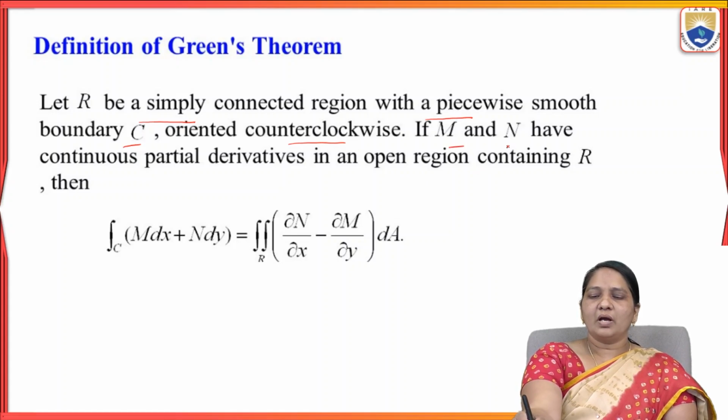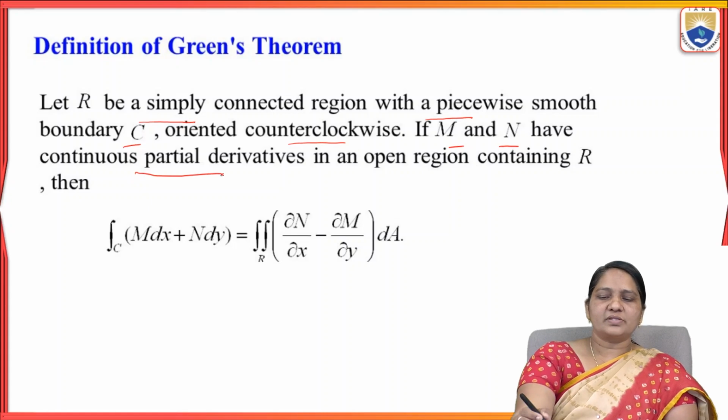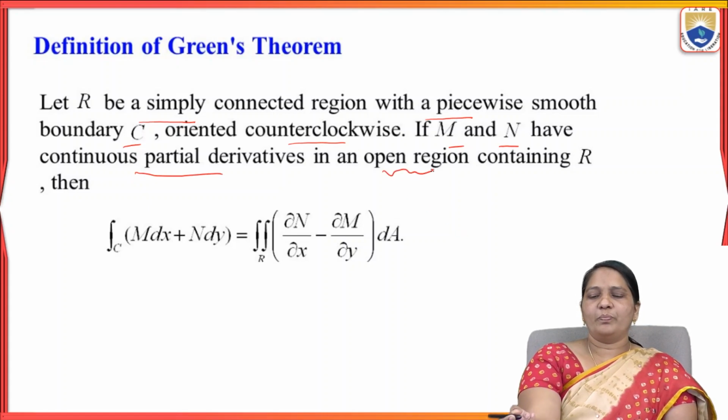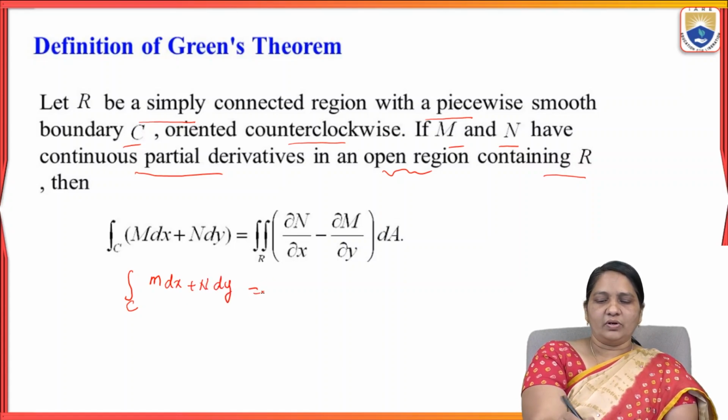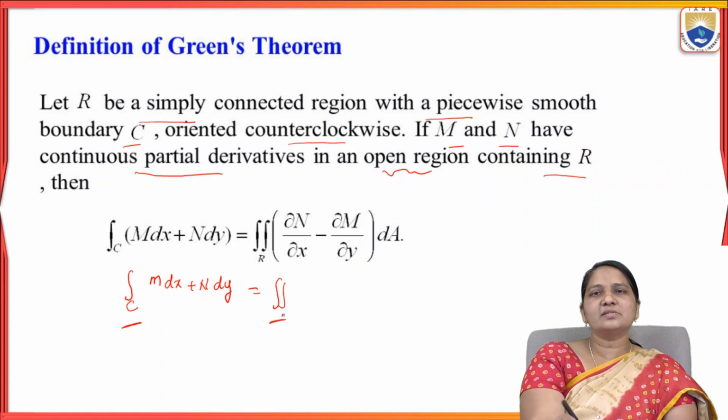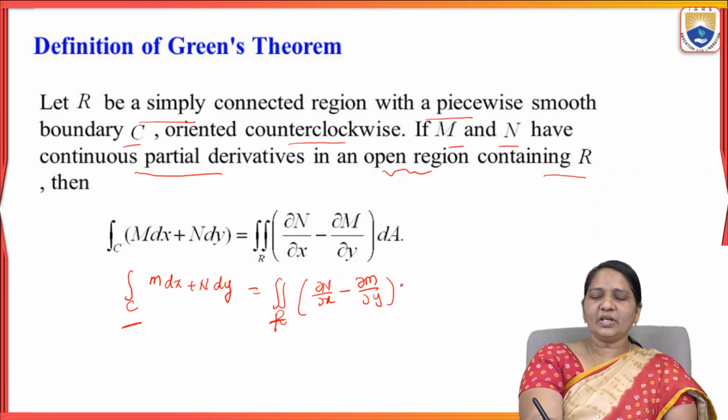If M and N have continuous partial derivatives in an open region containing R, then the integral of M dx plus N dy, a single integral over curve C, equals the double integral over R of (dou N by dou x minus dou M by dou y) dA.